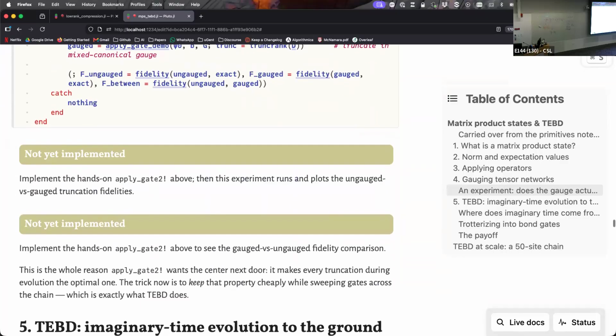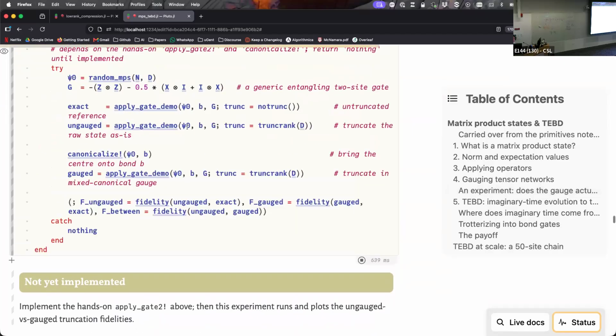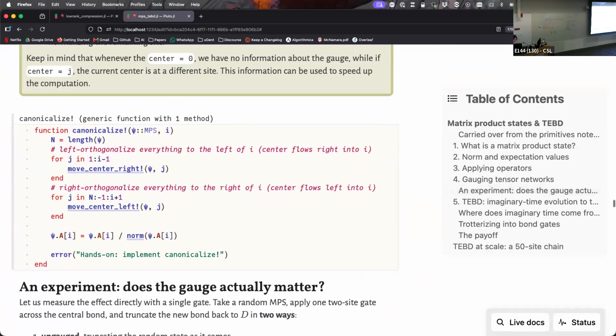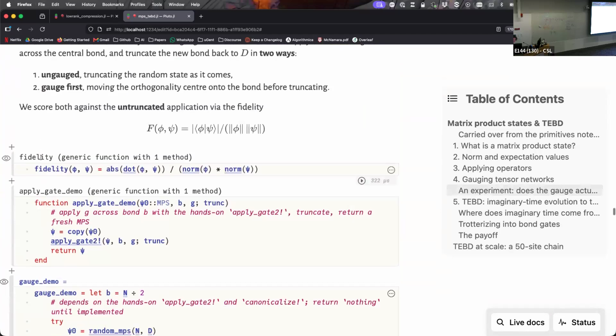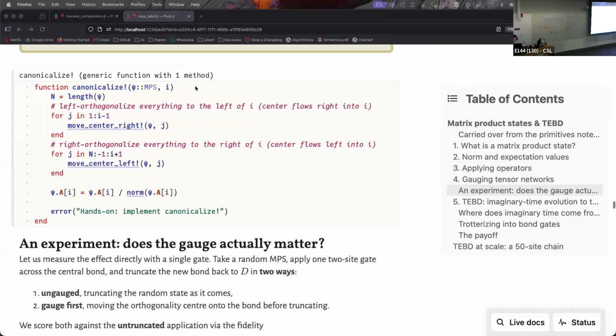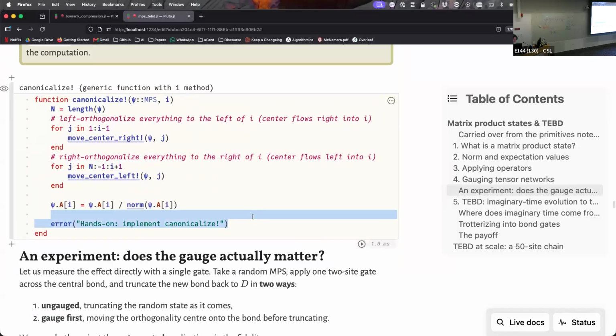And if my things are updating, this should work. What am I missing? You still have the error not implemented in your function that you wrote above. Oh, yeah. Thank you.